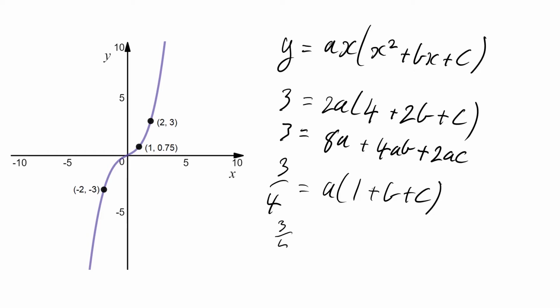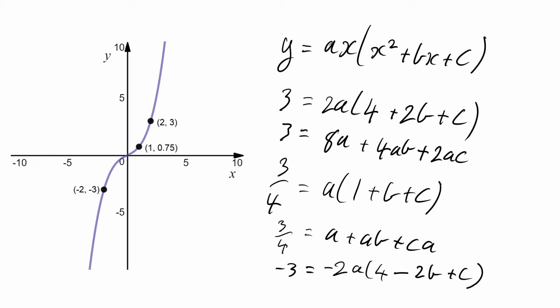Expand 3 over 4. a plus ab, ca. And the last one, a 4 minus 2b c. Expand it out, minus 3 as well.